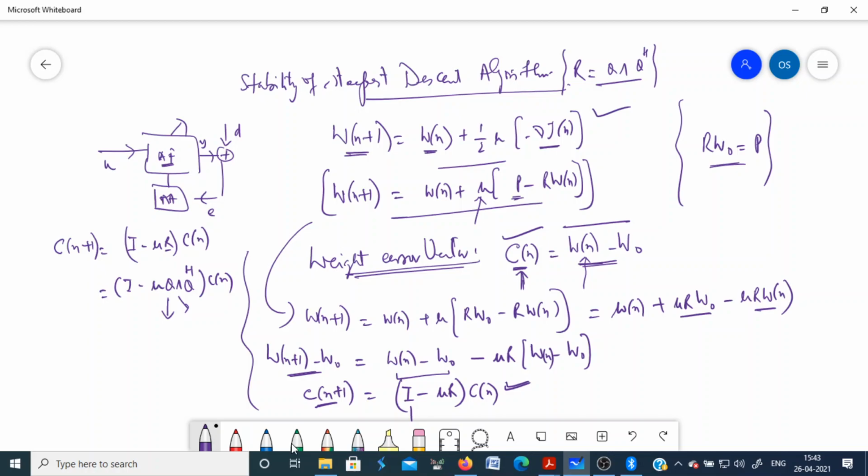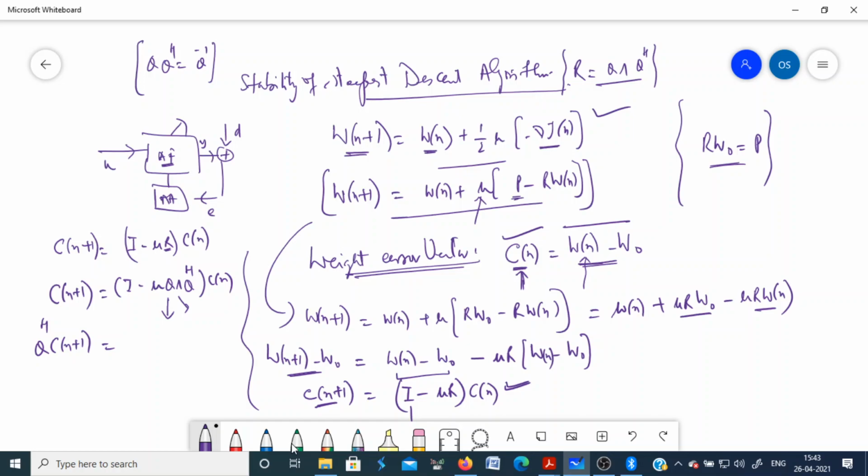Okay, so this matrix R can be decomposed like this. This is C(n+1). If you pre-multiply this equation with Q^H on both sides, there is a property that Q and Q^H, it becomes Q inverse.